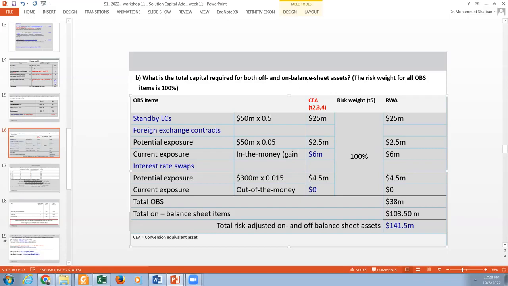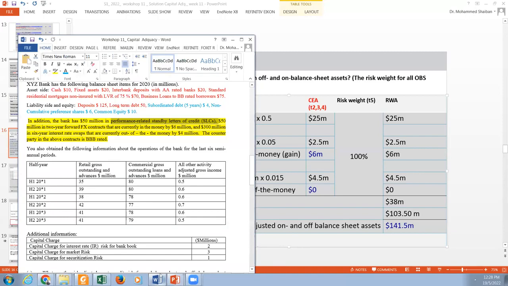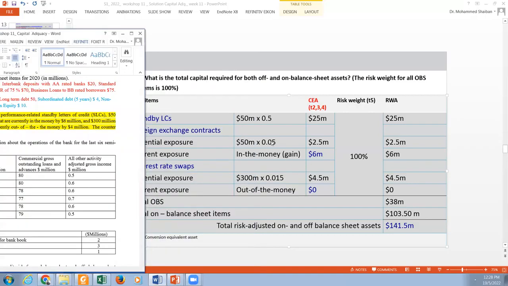This is gain. So if I look at the problem, 2 years forward contracts in the money, which means a gaining contract. And it is 6 million. Just add the 6 million all. Put the 6 million.